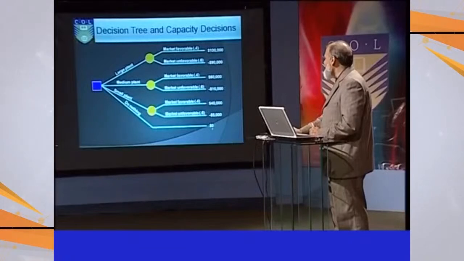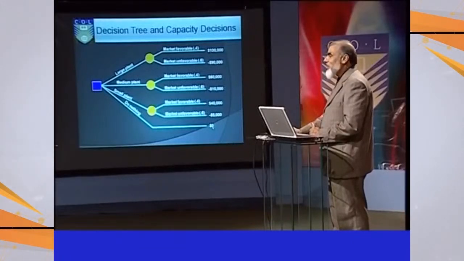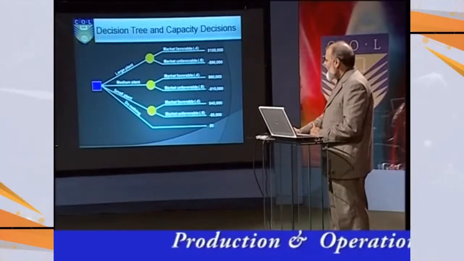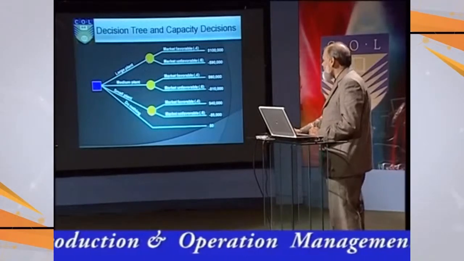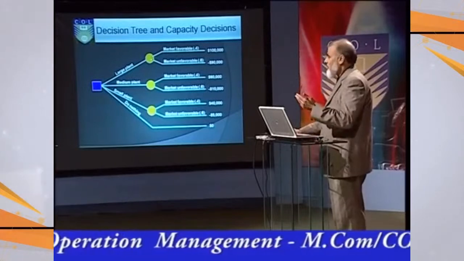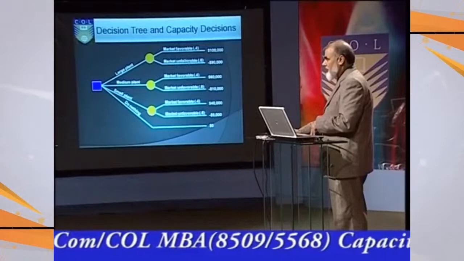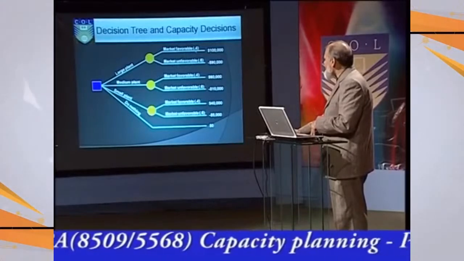If you don't do anything, you don't lose anything, you don't spend anything, and you get 0. Your outcome is 0. Let's say if you install a large plant, there are again 2 options available. Either the market is favorable or the market is unfavorable. The chance of the market being favorable is 0.4, and the chance of the market being unfavorable is 0.6.